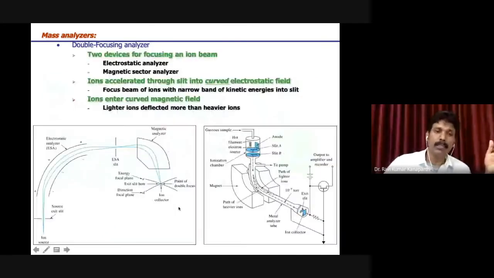Here we have used only one electrostatic field and one magnetic field, but there are arrangements where you can have more than two: maybe two electrostatic fields with one magnetic, or one electrostatic with two magnetic. That depends upon the arrangement and requirement. People have played around with all the configurations to improve.